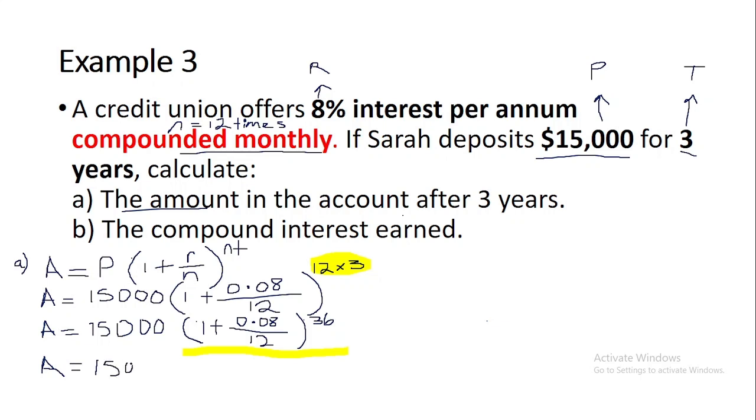So you're going to have your 15,000 times 1 plus 0.08 divided by 12, which is equal to 0.00666.